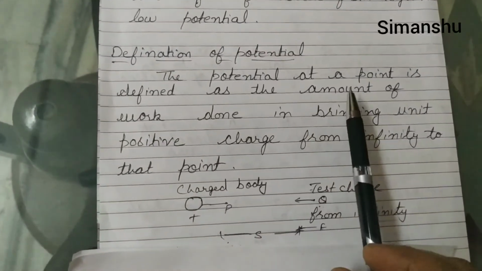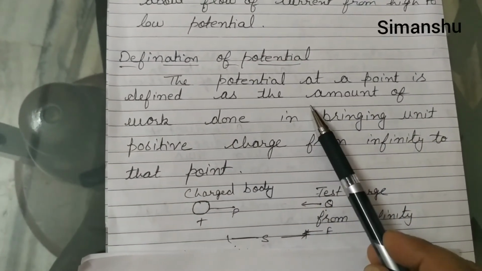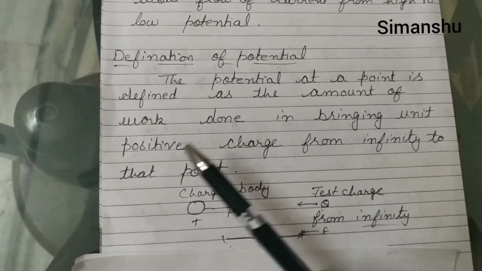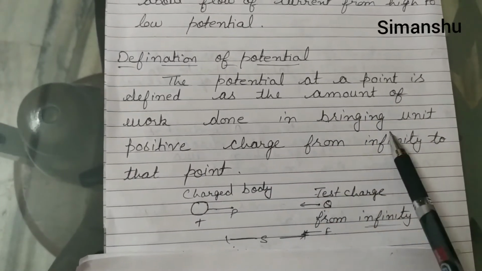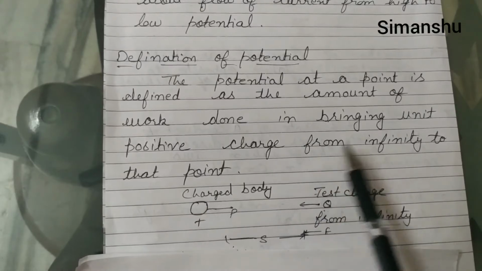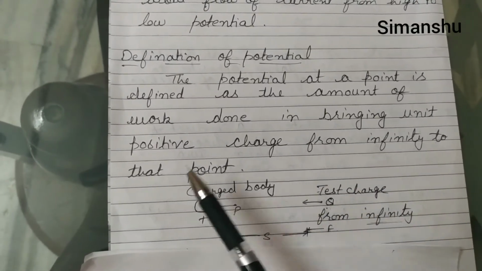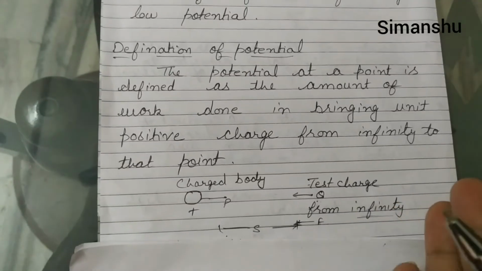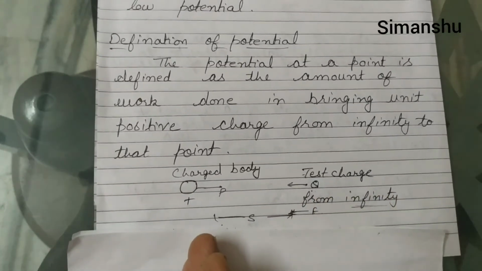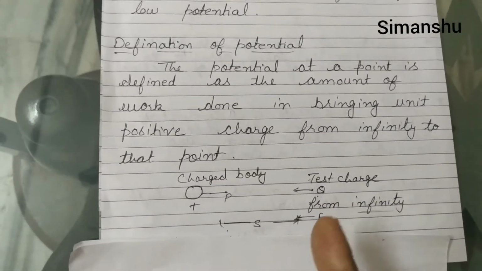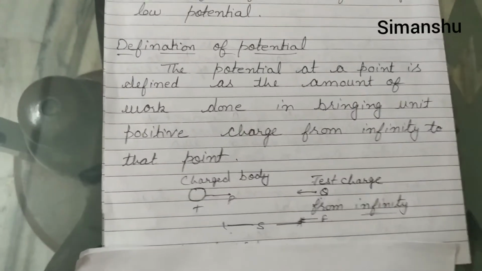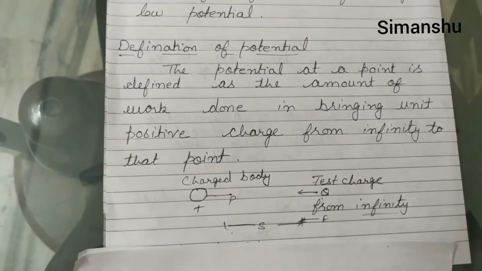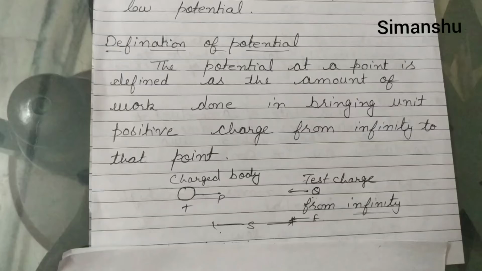So potential at a point is defined as the amount of work done in bringing a unit positive charge from infinity to that point. How much work you did from here to point P, in bringing a unit positive test charge, is said to be the potential.